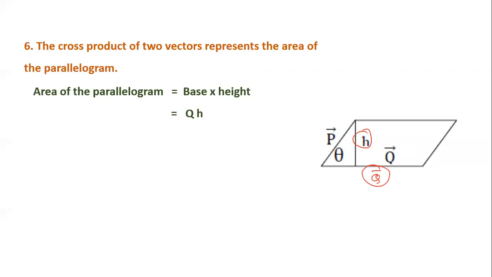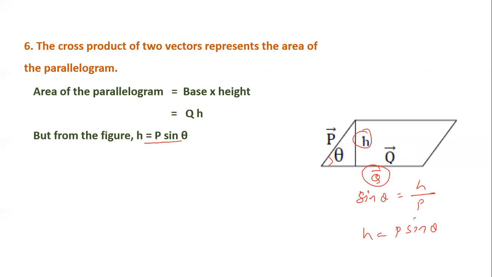I have written magnitude, not written bar. But height H, you can write by this angle theta. From the figure, sine theta is H by P. So H you can write as P sine theta. So instead of H we can write P sine theta. So area of parallelogram is Q into P sine theta.